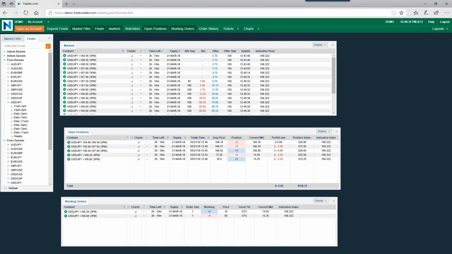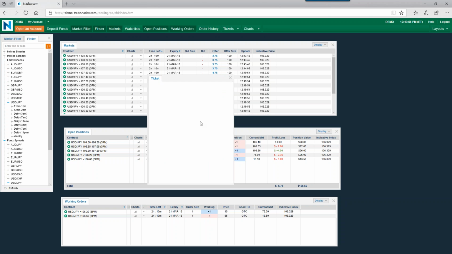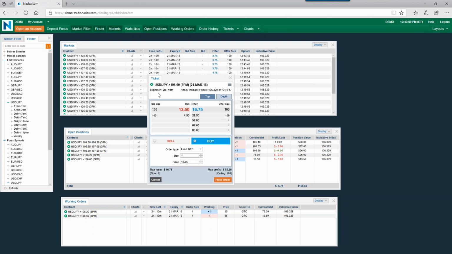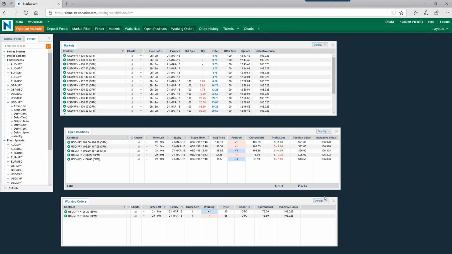You do buy the floor price and you sell the ceiling because that's your risk parameters, okay? Now, in this case, I have a spread at 106.31. So I want to be able to cover this potential loss. So I'm going to actually do a long binary at 1675 that would potentially cover that. Does everybody understand that?